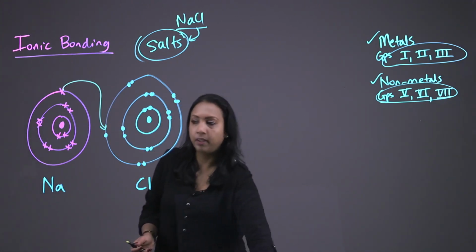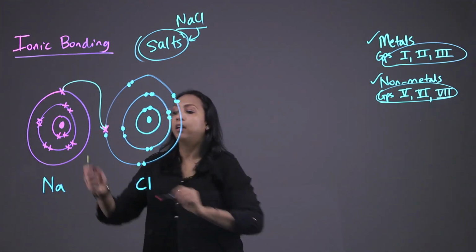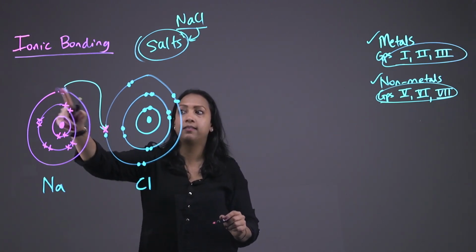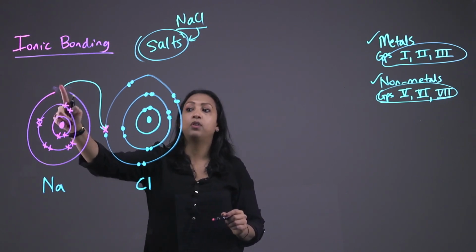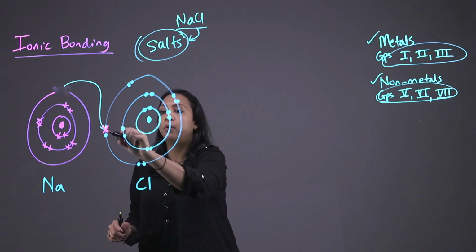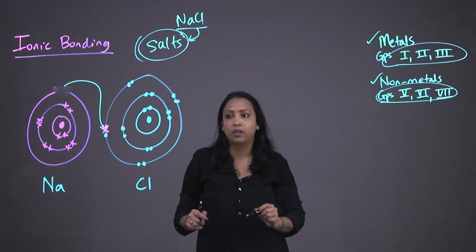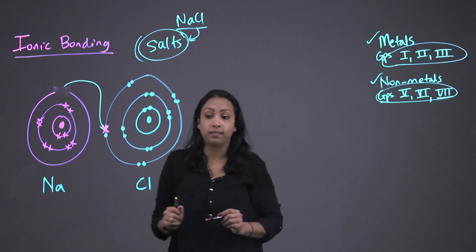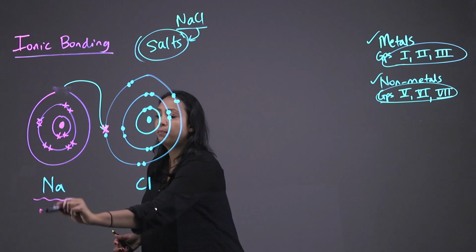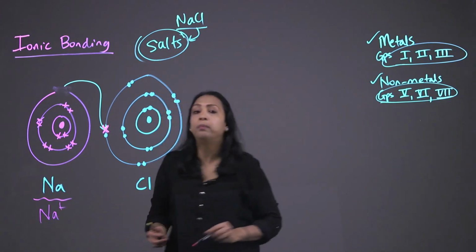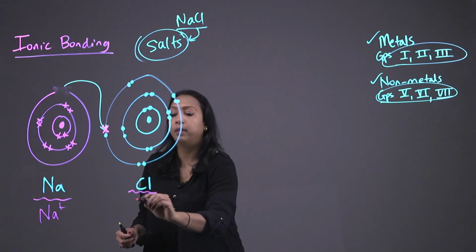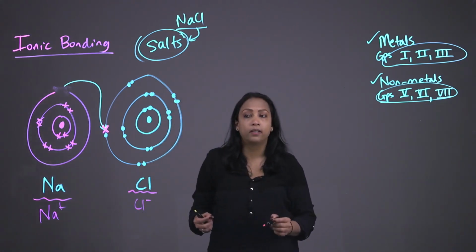What's going to happen is my sodium atom is going to donate this electron in its valence shell to my chlorine atom, and I'm showing you this extra electron as my pink X in the chlorine atom. So after bonding, my sodium becomes a cation, Na+, and my chlorine becomes an anion, Cl-.